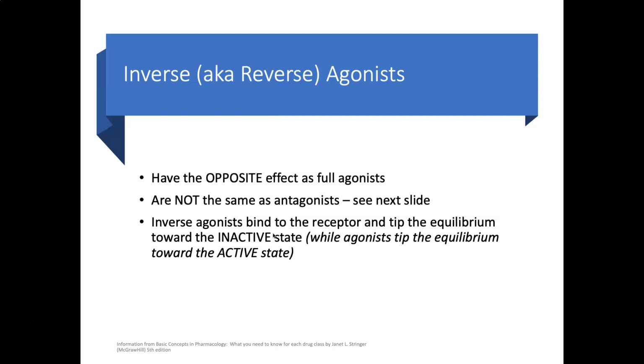So let's think about that. If you have a full agonist and it binds to a receptor, then it's going to turn the knob, open the door wide open, and that drug is going to move through and do what it needs to do. If you have a partial agonist, it's going to turn the doorknob, but it's only going to open the door part of the way. No matter how much of the agonist you try and push at it, it will never open the door all the way.